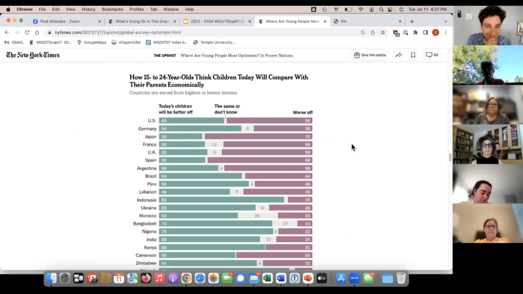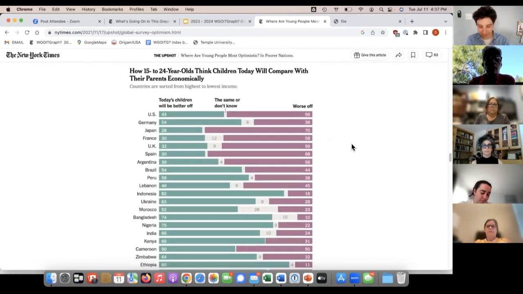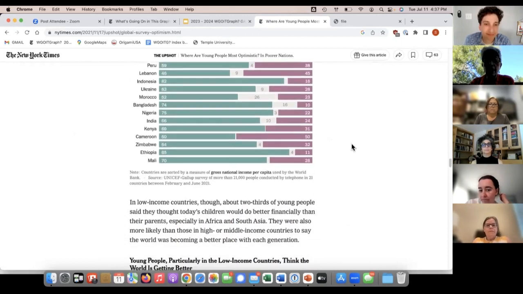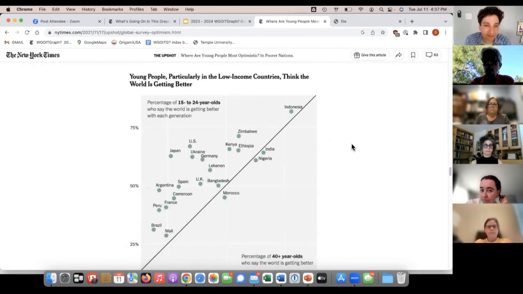There are two other graphs that are in this article. So how 15 to 24-year-olds think children today will compare with their parents economically. Okay, segmented bar graph. This is the one we used.